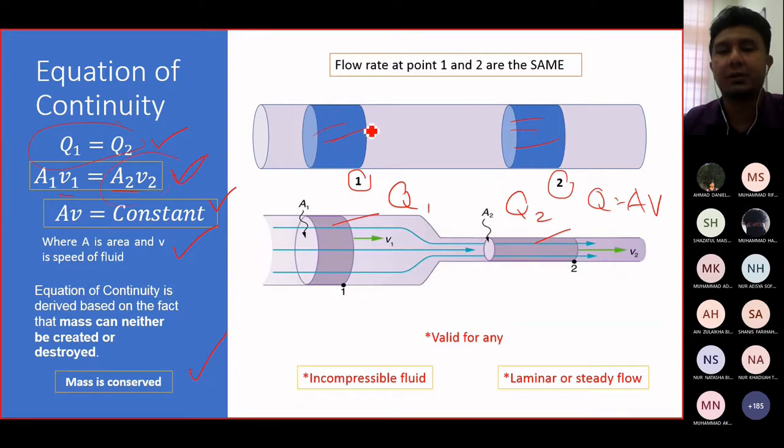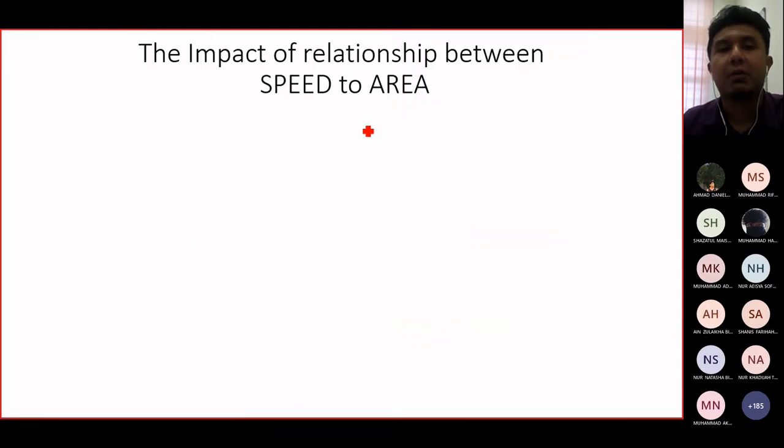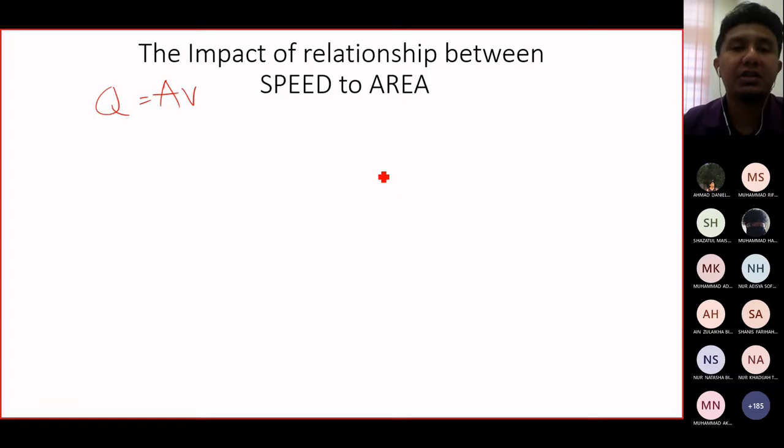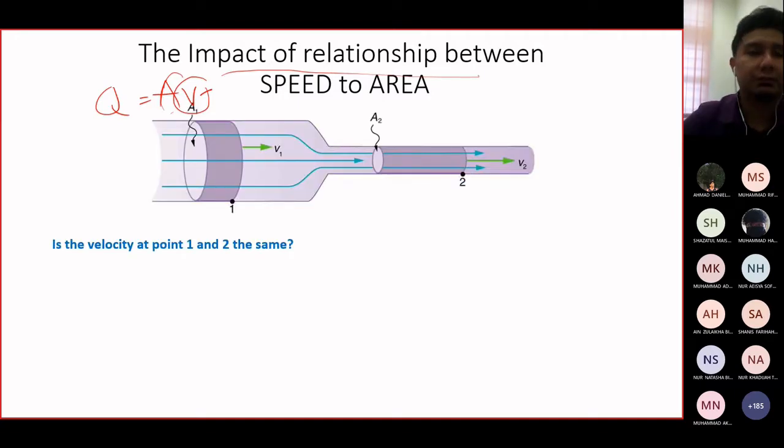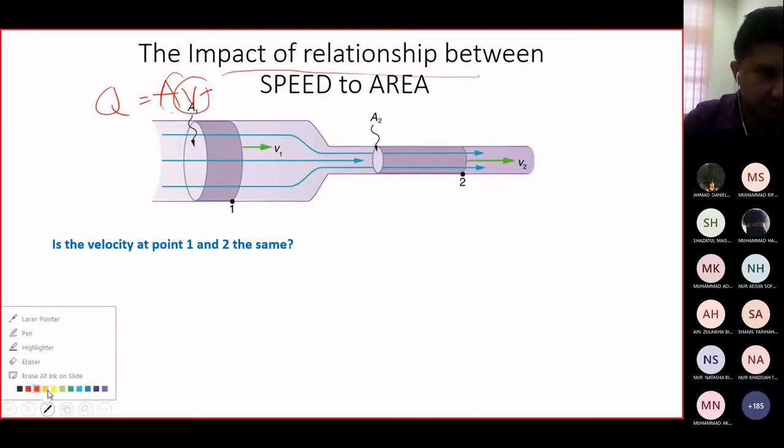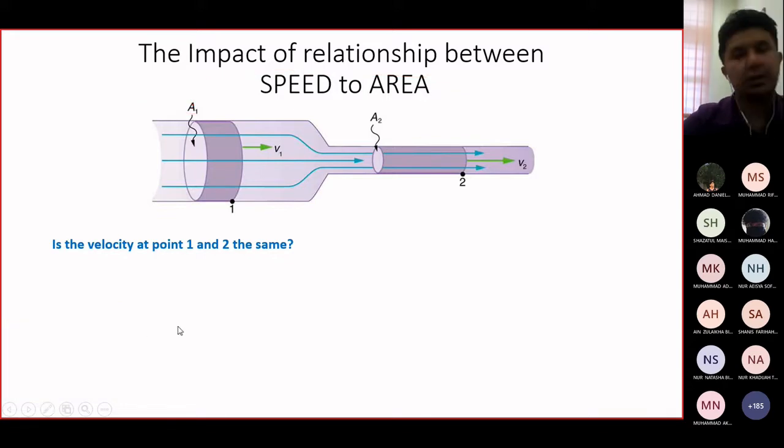Same as this equation. Now, because we know Q equals A times speed, what happens if A is changed? What happens to V? We want to study the relationship. So imagine we have that visual.